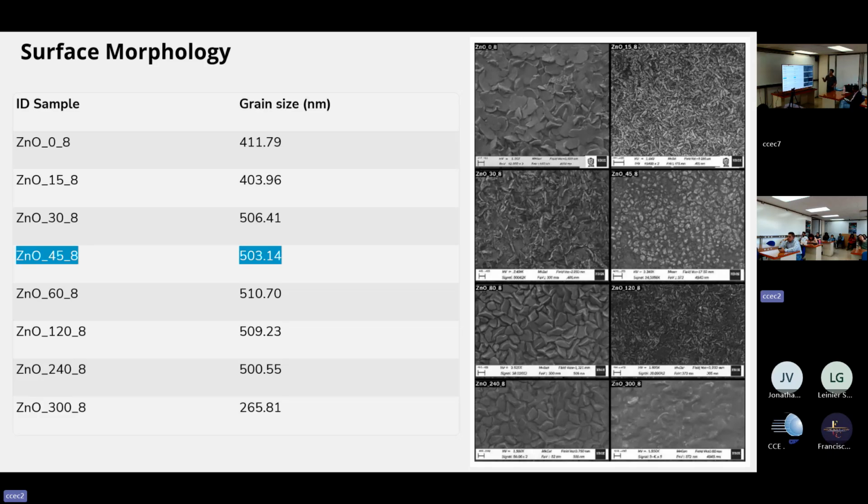However, for larger times, the grain size decreases dramatically.